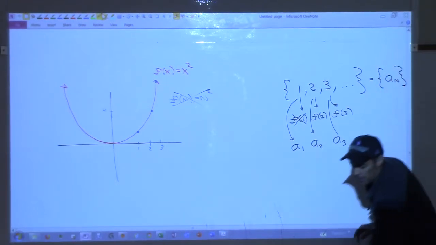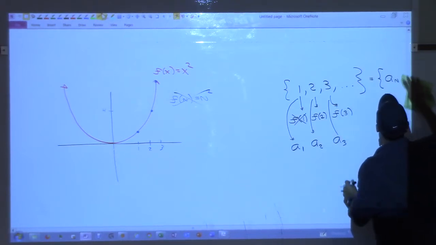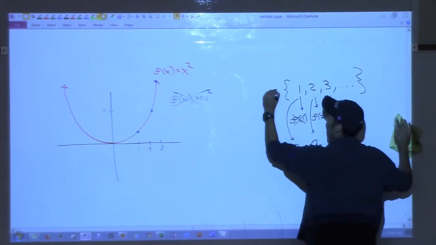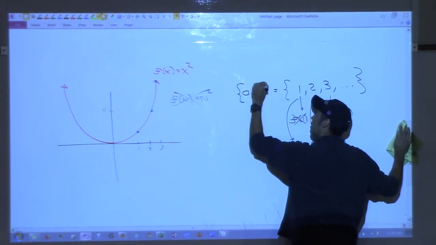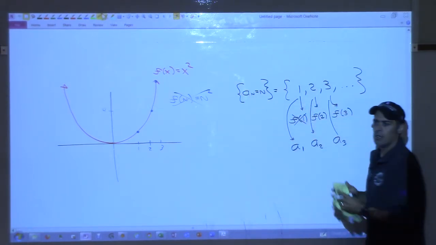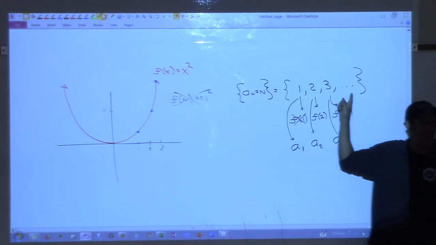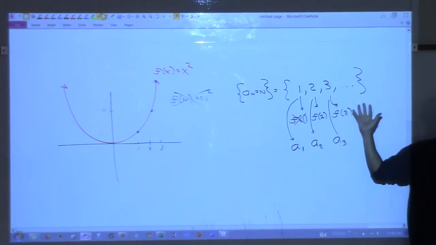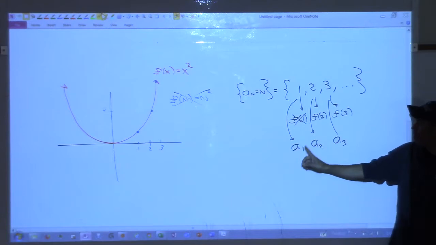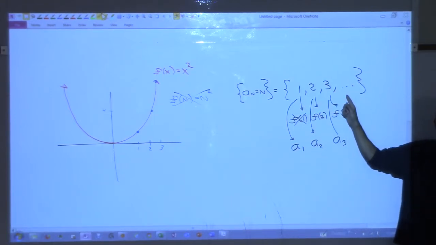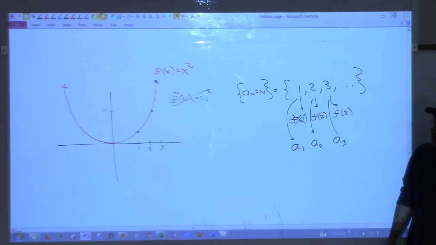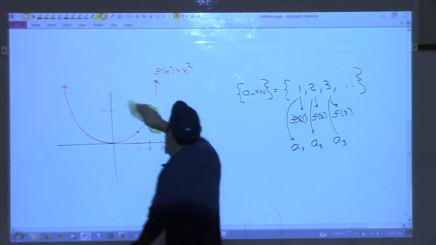A sub n equals n. In other words, the input is the output. 1 goes in, 1 comes out. 2 goes in, 2 comes out. 3 goes in, 3 comes out. Right? Okay, let me give you another example, and this I think will come to more light.